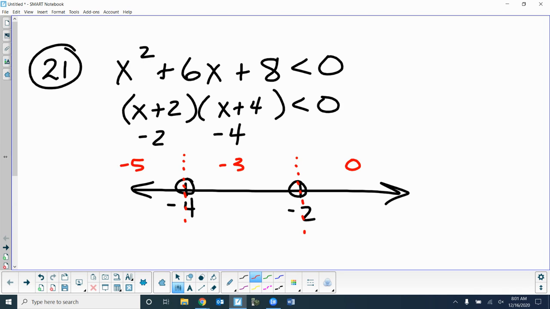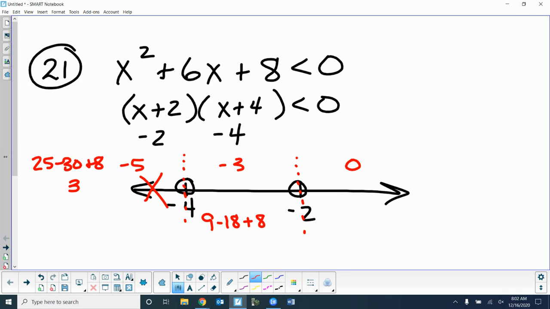So when I put -5 here, I get -5 squared, 25, and 6 times -5, -30, plus 8. So 25 minus 30 is -5, plus 8 would be 3. Is 3 less than 0? No, so I wouldn't draw an arrow towards the -5. When I put -3 in there, I get a positive 9. 6 times -3 is -18, and then plus 8.